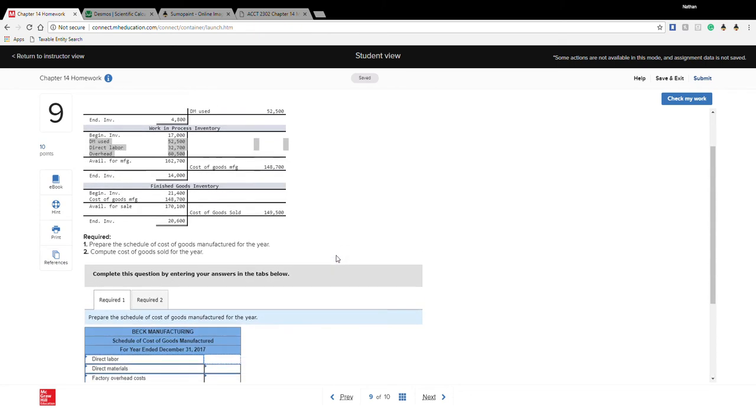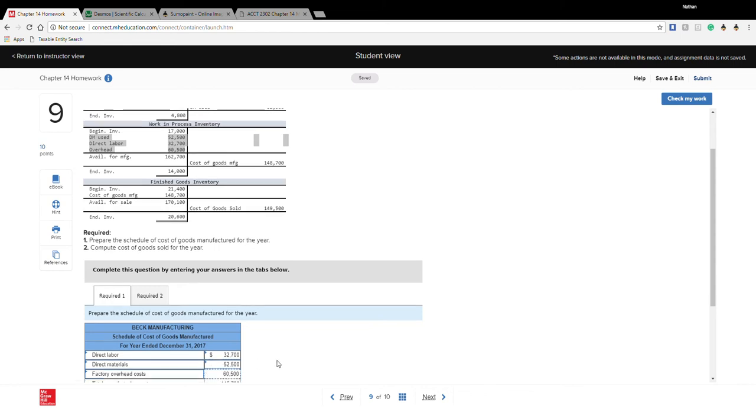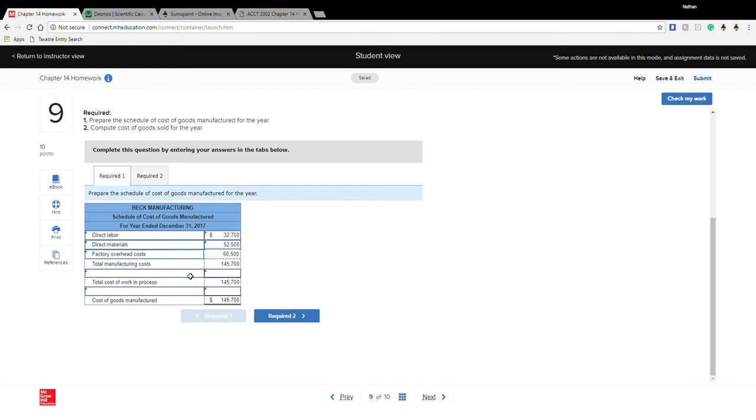So we're going to look up here. Direct labor was 32,700. Direct materials was 52,500. And then overhead ends up being 60,500. Cool.